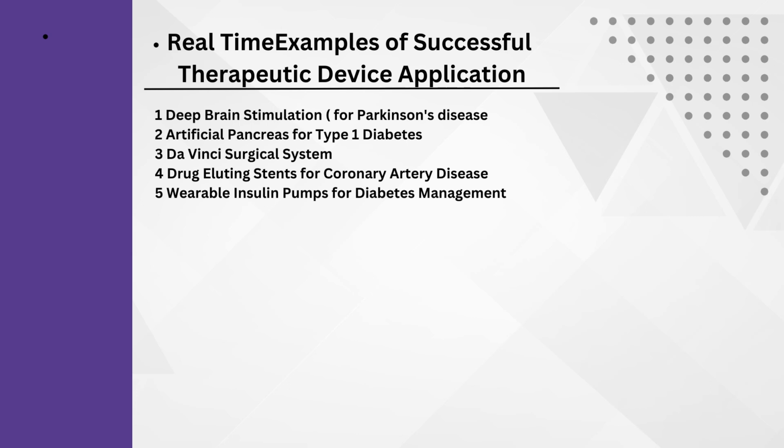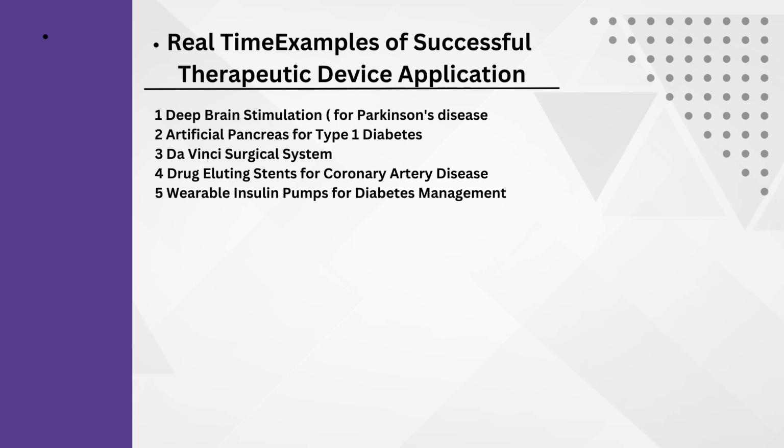Application: the artificial pancreas automatically adjusts insulin delivery based on real time glucose levels, reducing the risk of hypoglycemia and hyperglycemia. Impact: improved glucose control and reduced diabetes related complications for patients with type 1 diabetes.